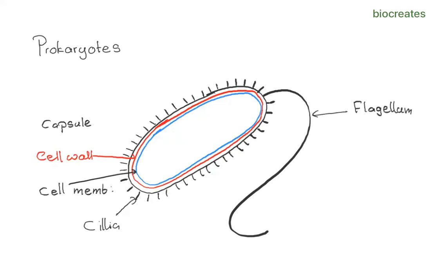Then inside the cell, as in all the other cells, there is a cytoplasm, or we call it the cytosol. It is the inner fluid environment. In this cytosol, we can find the nucleic material, which is a single circular DNA molecule.